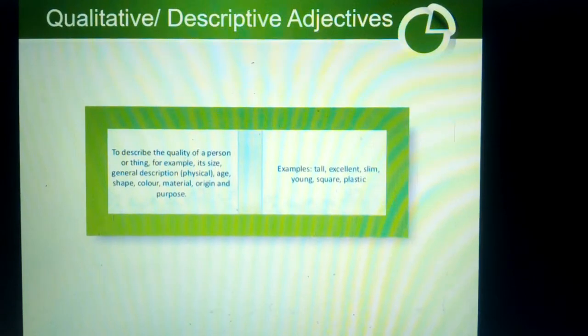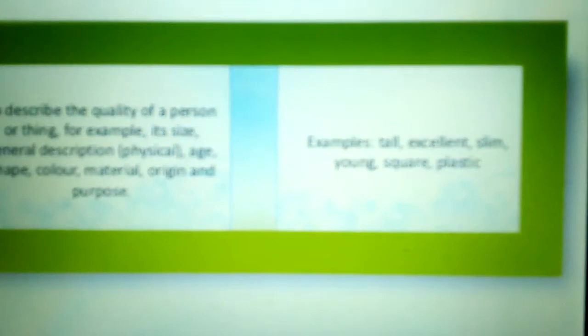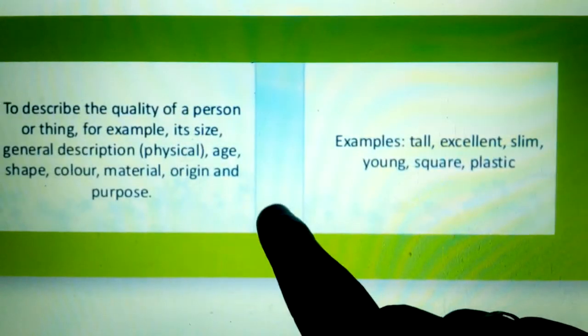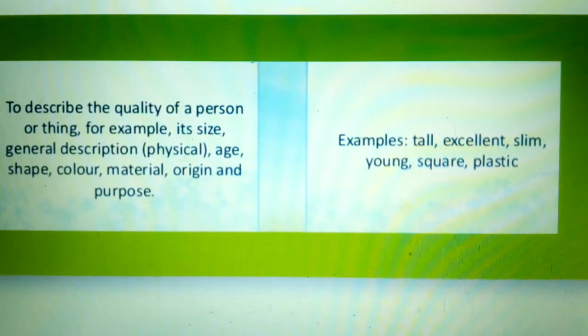The first one is qualitative or descriptive adjective. This is also known as the adjective of quality. This adjective is used to describe the quality of a person or thing. For example, its size, general description, age, shape, color, material, origin, and purpose.